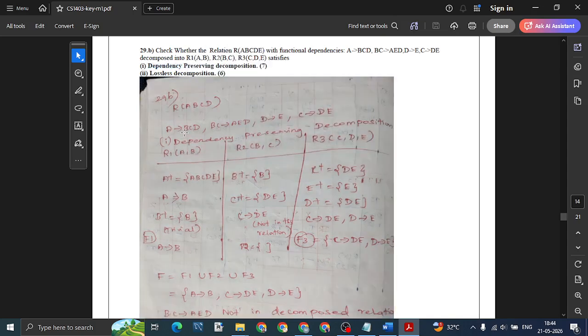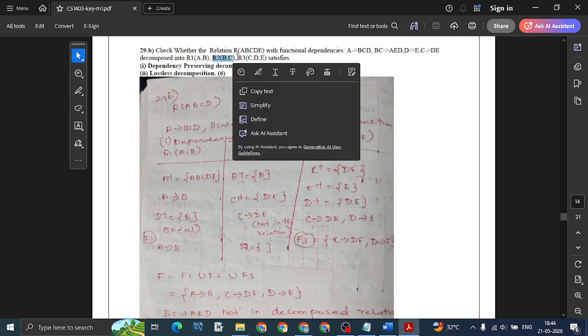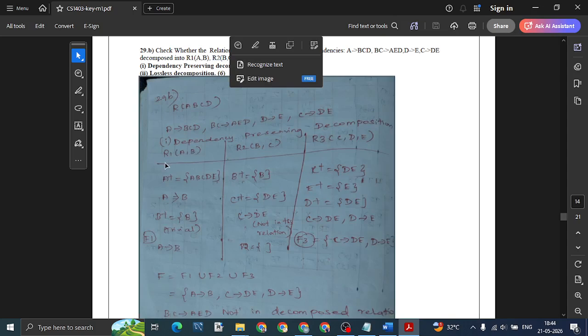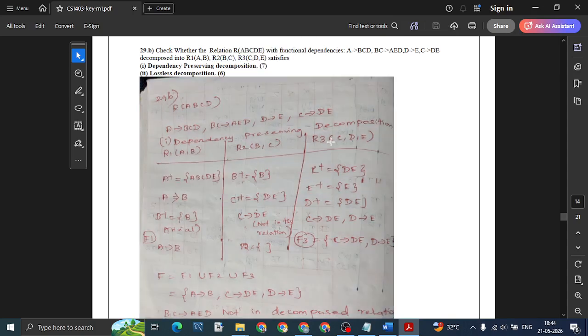So now what is my first decomposition? I am going to decompose the entire table into three: R1(A, B), R2(B, C) and R3(C, D, E). Now what is my first relation?